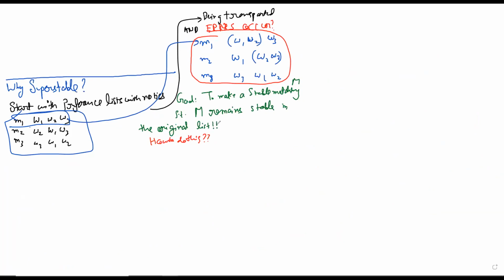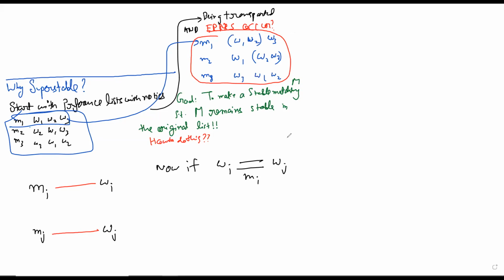You can pause and think. Right. So if I match mi with, let's say, wi, and mj with wj, with the information that I have with the tied lists, if wi and wj are tied for mi, then potentially this creates no problems if you look at this list that we have access to.